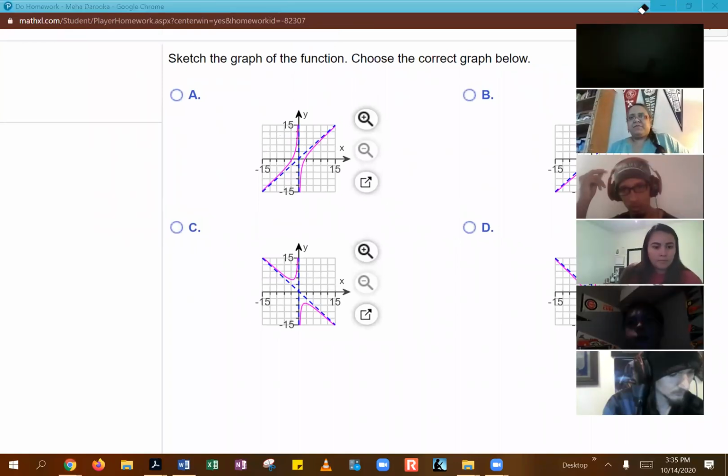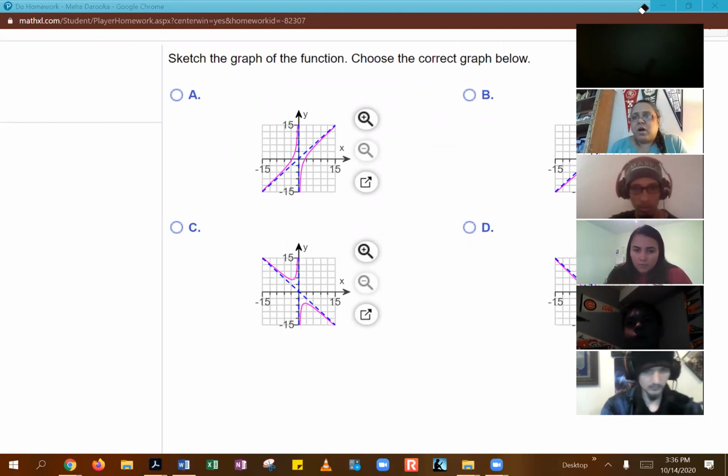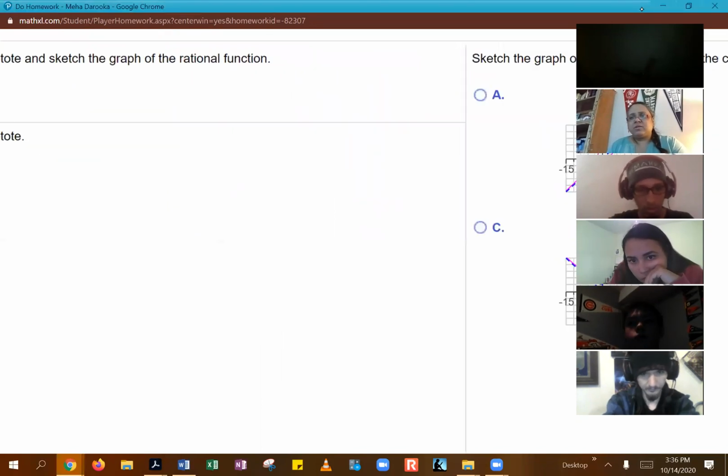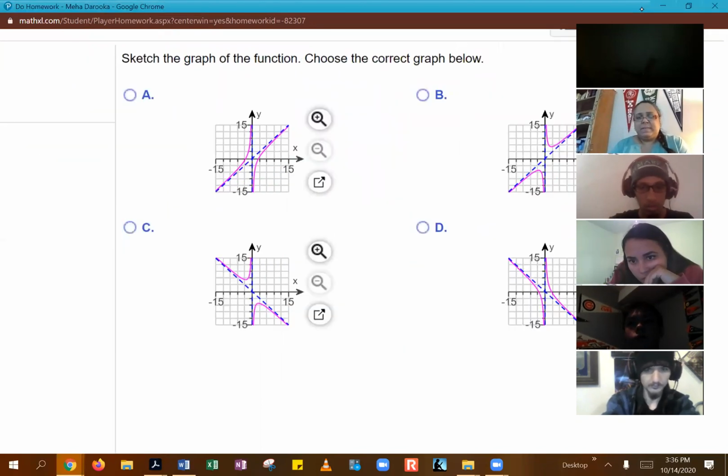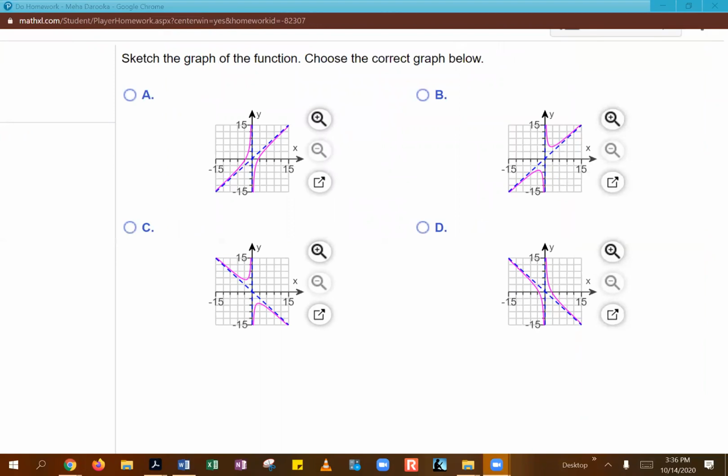So which graph do you think we can choose? Which of them might work and which one will not work if your oblique asymptote is y equals x? And you can kind of see where your vertical asymptote would also be. Yeah, exactly, because your y equals x line is basically a line with a positive slope.